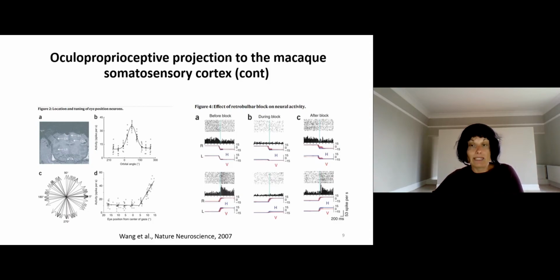And as expected for a signal that originates in the periphery, these signals were abolished by the block. So you see here high firing rate in the neurons before, high firing rate after, and a silencing of the neurons during the orbital block.